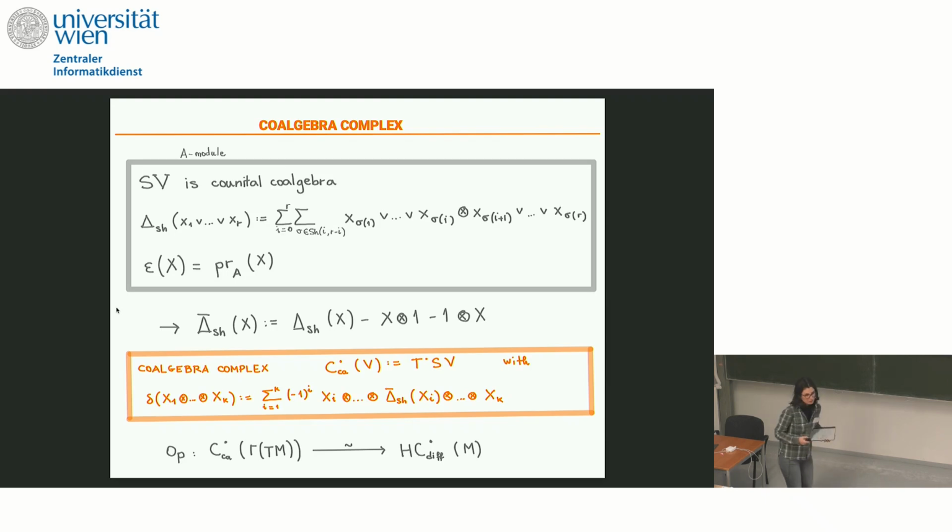The amazing thing is that now, if V is the V I am considering, so vector fields, the delta I have here is exactly the delta that corresponds to the Hochschild differential, via this isomorphism.